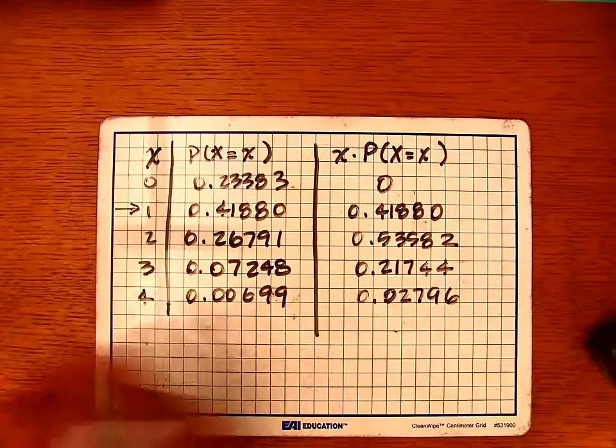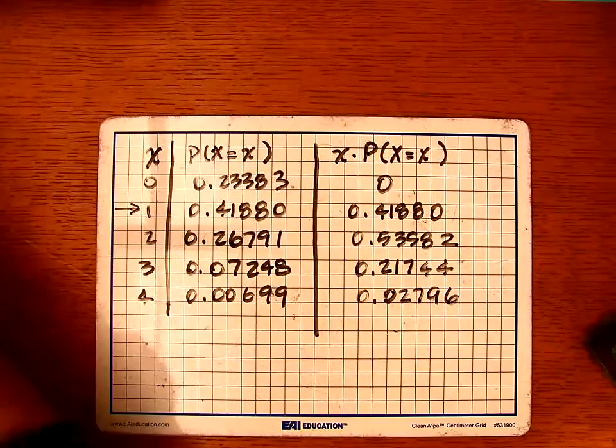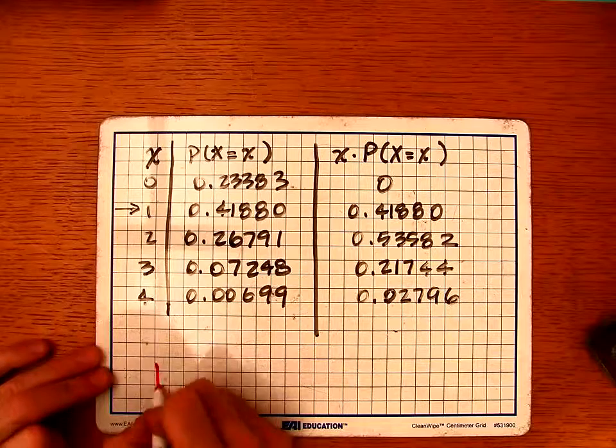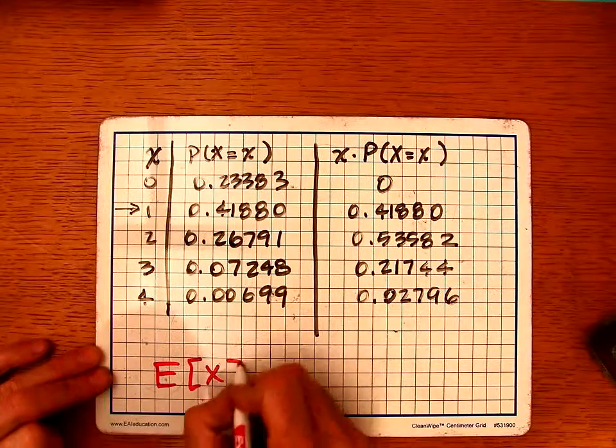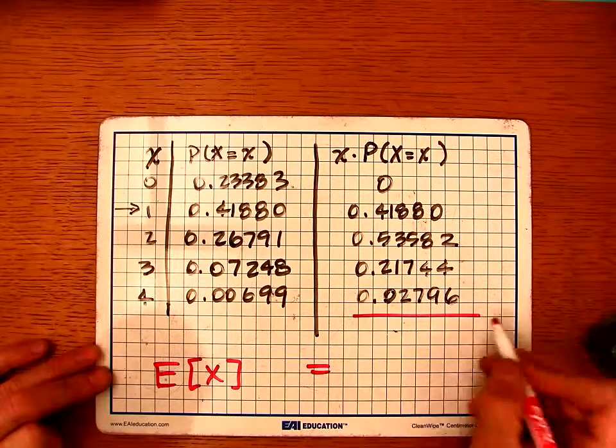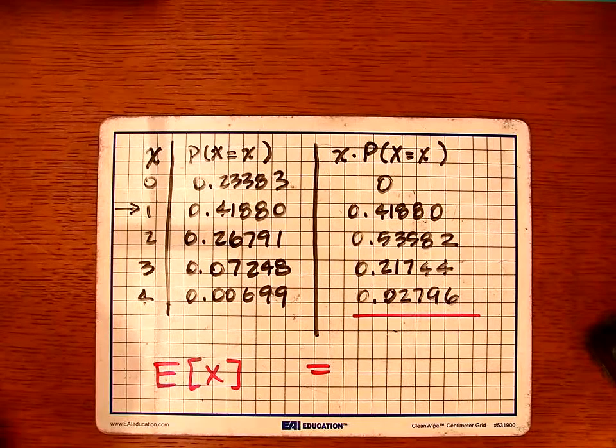And of course, what we would do then to find the expected value is simply to take the sum of this column. So let's go ahead and do that.